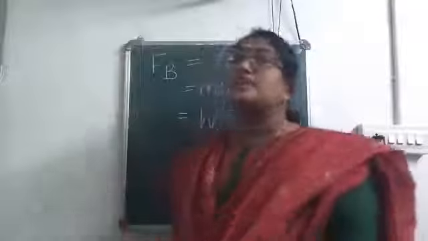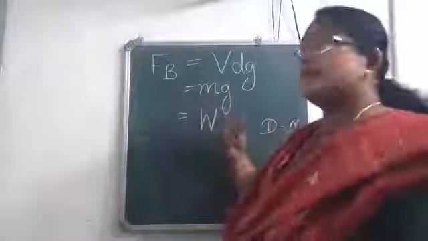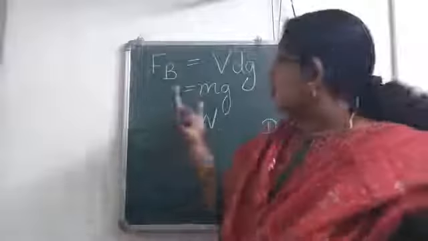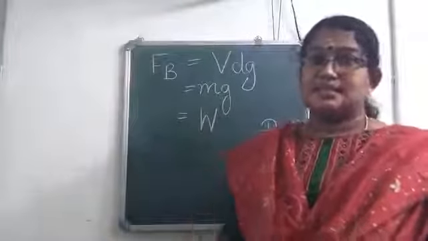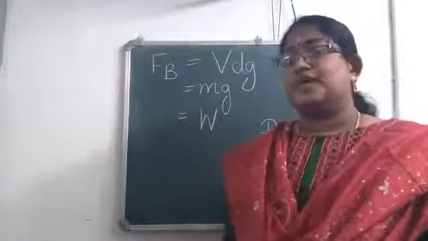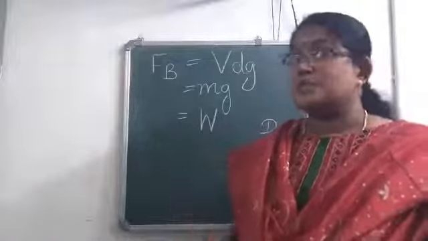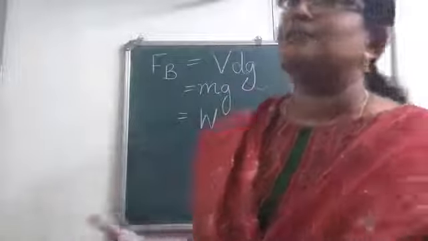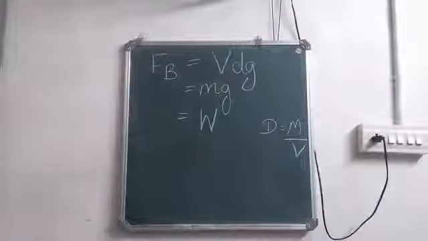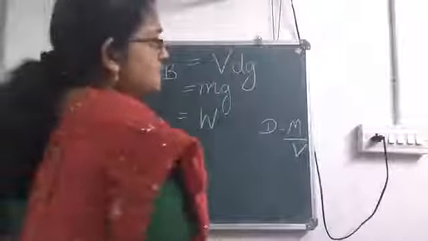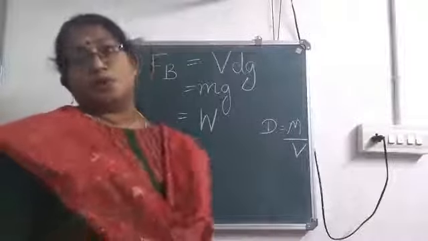First one is VdG. Then we can say it as mg or weight. Or in general, upthrust is the weight of the liquid displaced by the immersed or submerged part of the body.